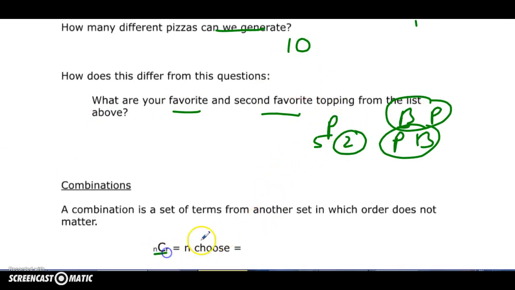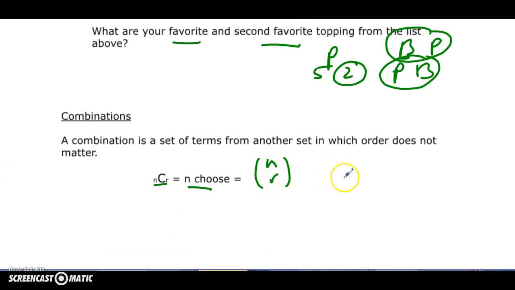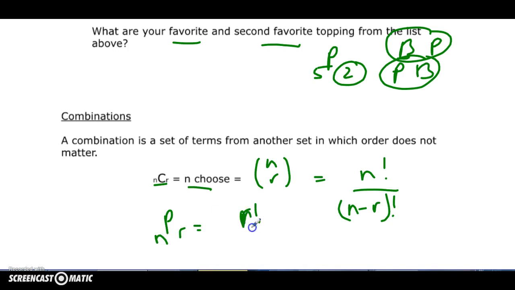So here, nCr, which we call n choose r, which you might see in some textbooks, not ours, as a long bracket with an n and an r in it, is equal to n factorial over n minus r factorial. Remember, that was the permutation formula.